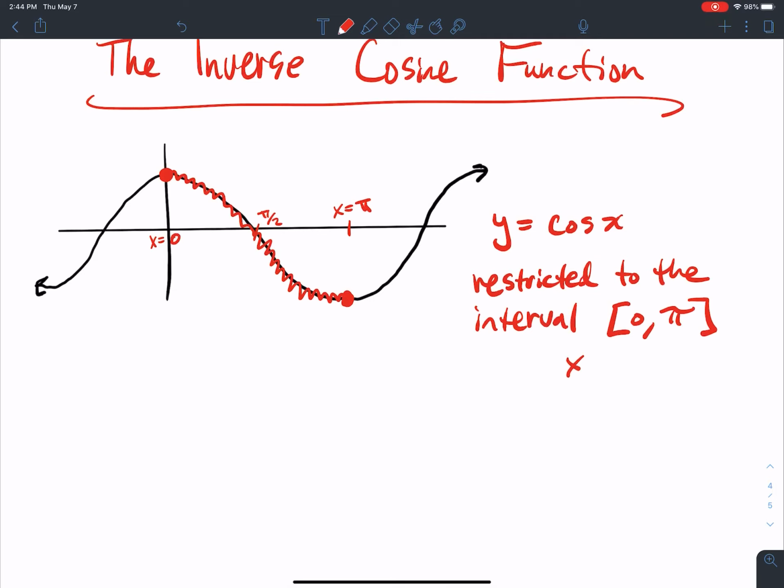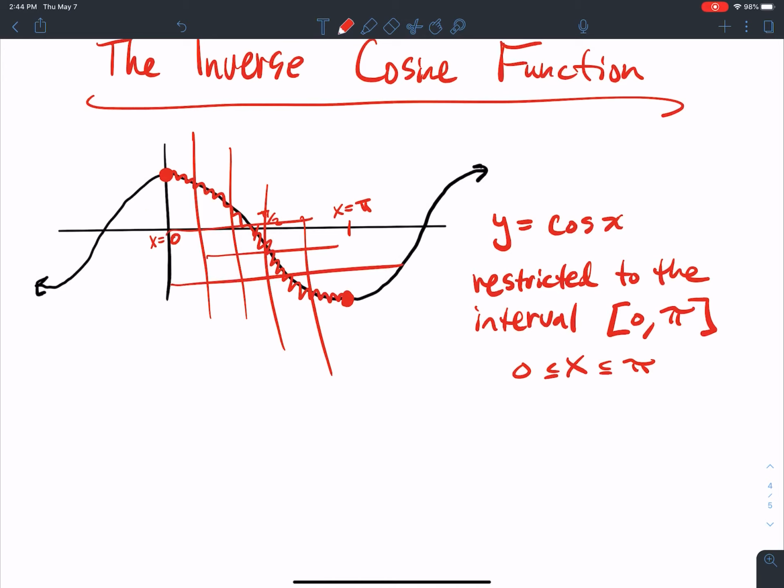So x is between 0 and pi inclusive. On this interval, we are a one-to-one function.